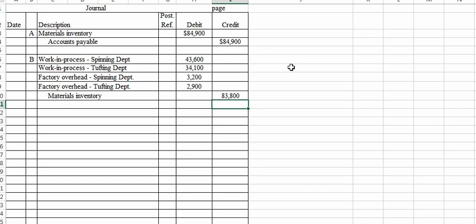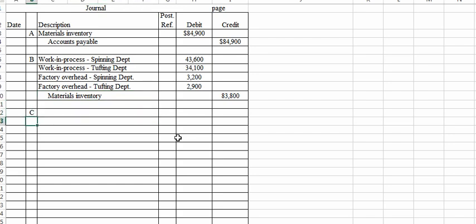So what are we doing? We're just recording the movement of materials out of the materials inventory and into work in process or factory overhead. If they were direct materials, they were accounted as a part of work in process for each department. If we were dealing with indirect materials such as cleaning supplies, then we debited factory overhead for each department for their indirect materials. Then we're going to credit the total to the materials inventory account.